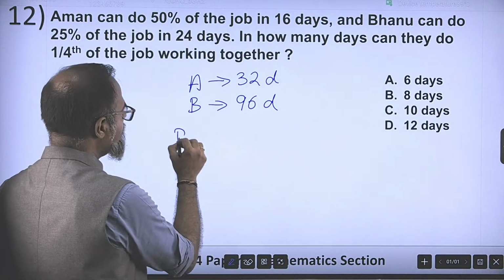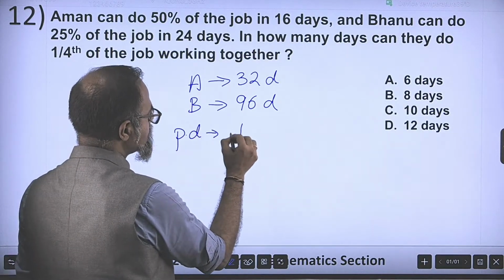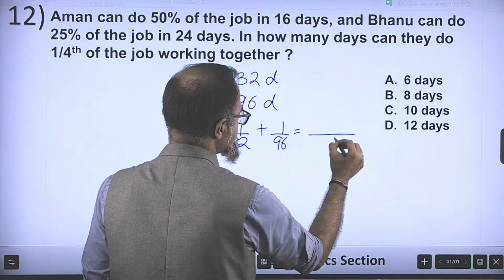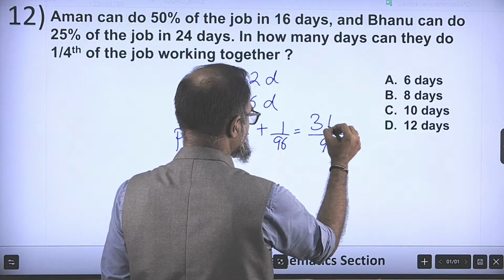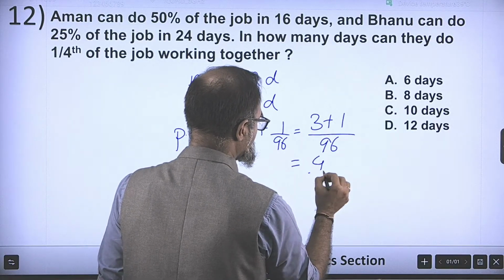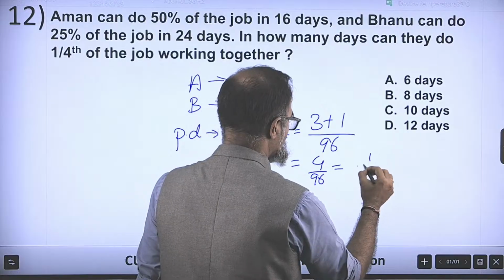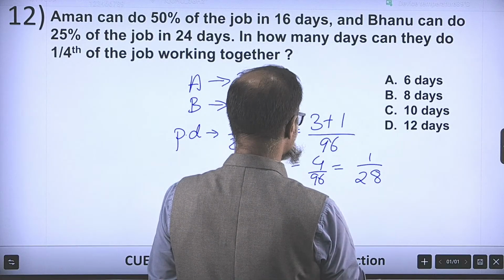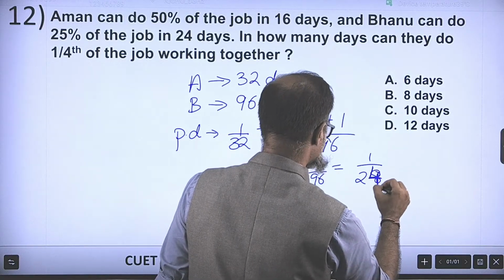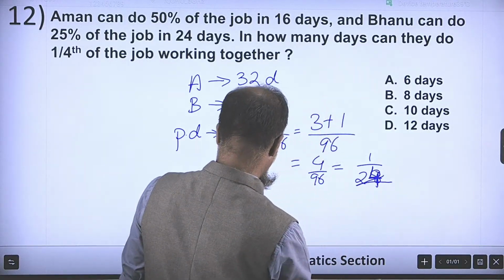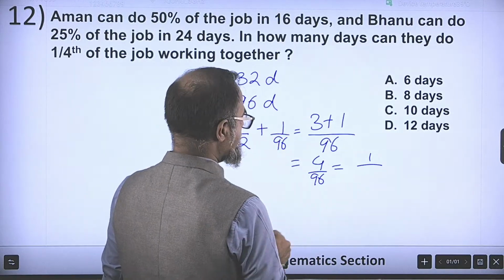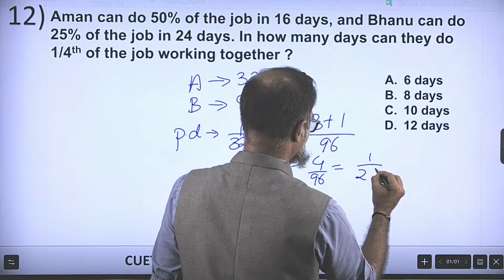So per day, A does 1 by 32, B does 1 by 96. LCM 96, so 3 plus 1 is 4 by 96. 4 twos are 8, 4 fours are 16.